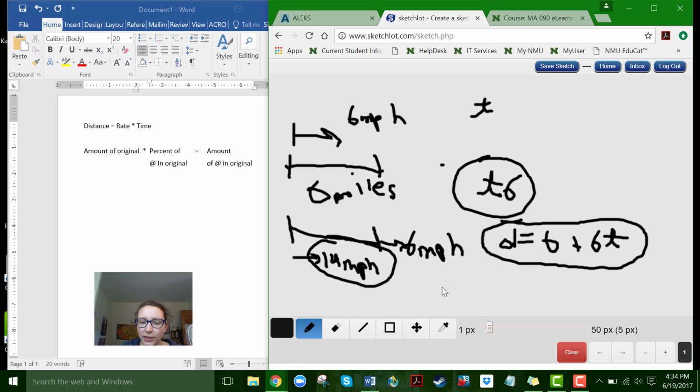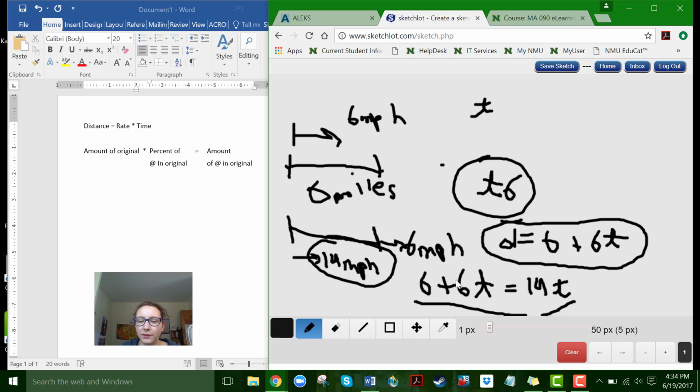So using the same equation, distance equals rate times time, we can solve for time. So we know distance, which is our 6 plus 6t, equals rate, which is our 14 miles per hour, times time, which is our t. So we get this equation.